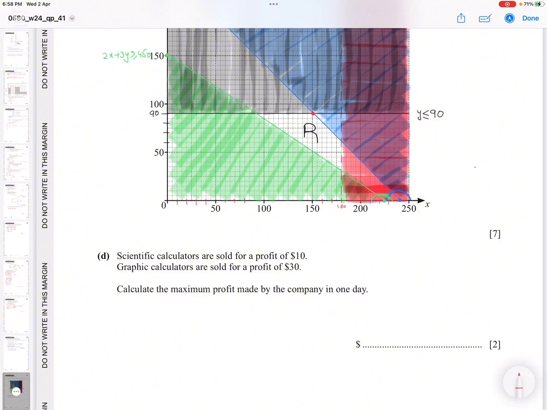So let me show you. You pick y 90 and x 150.